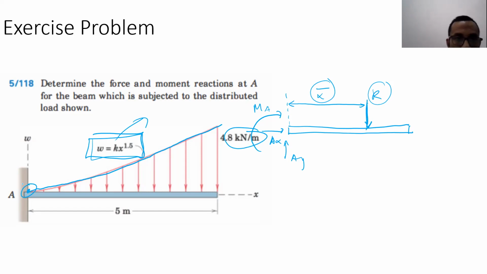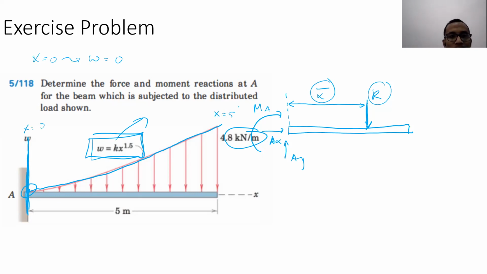At x equal to 0, w is equal to 0. Remember, the origin of x is from the left side. So x equal to 0 is this particular point, and at this other point x equal to 5 meters.